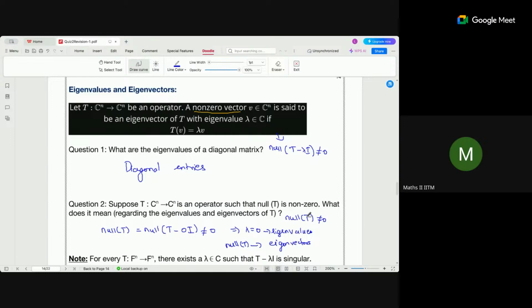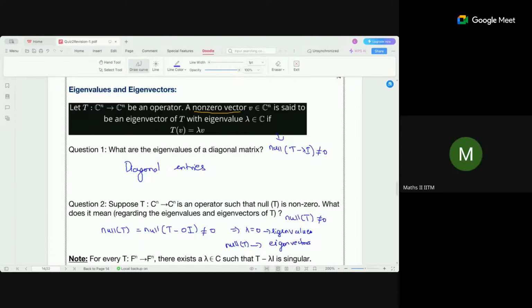So in this case, you already know that the rank is strictly less than n. If the rank is strictly less than n, you know that the determinant is 0. And what is the relationship between determinant and eigenvalues, by the way? Very important relationship. Ma'am, roots of determinant of A minus lambda I equals 0.